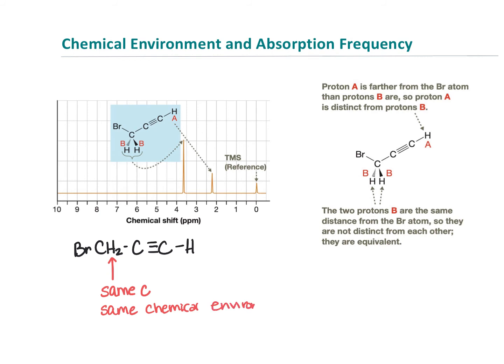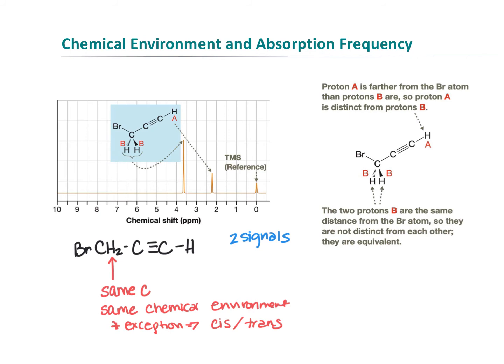Now, like I said, there are some exceptions to this. One of the most notable that you'll see is if there's some sort of cis or trans isomers, so there's some sort of distance around the double bond and something else that's very electronegative. But I would say 99% of the time, if you've got two hydrogens that are on the same carbon, they're going to be in the same chemical environment, right? Now, they're in a different chemical environment than that hydrogen over there by the triple bond. So I can automatically look at this and say, well, there's no symmetry. So we're going to get two signals here, right?